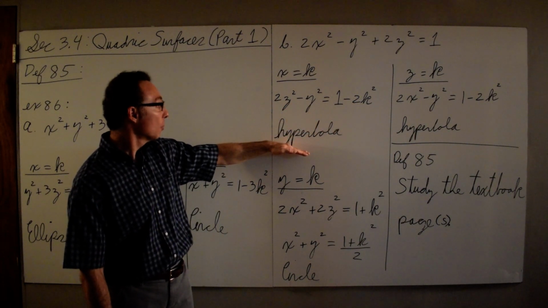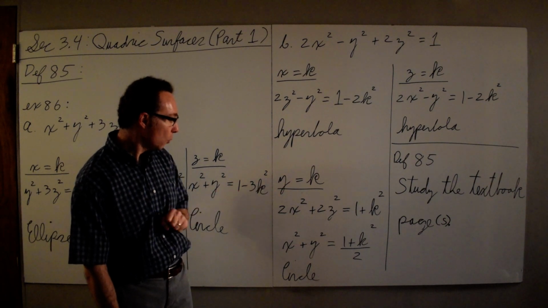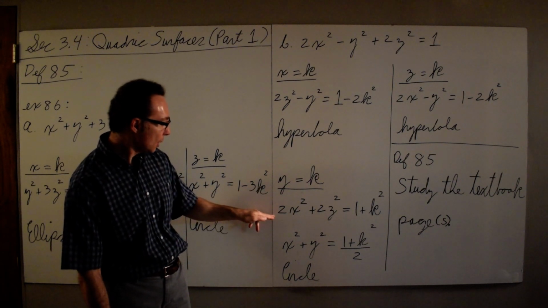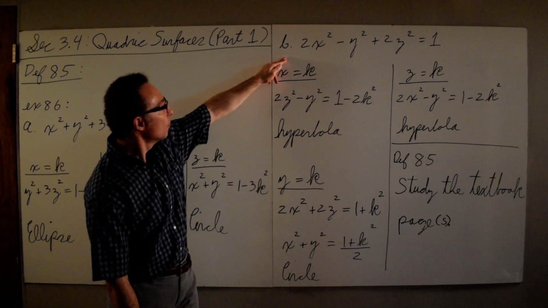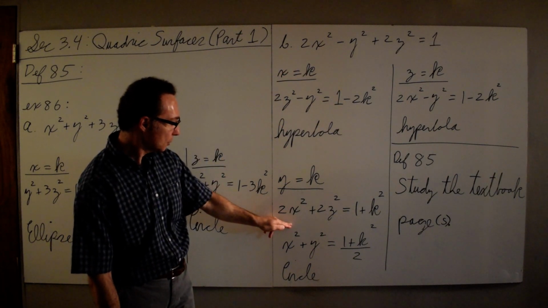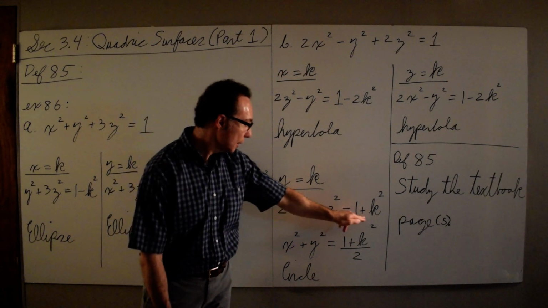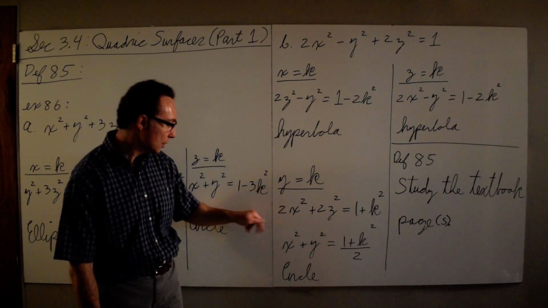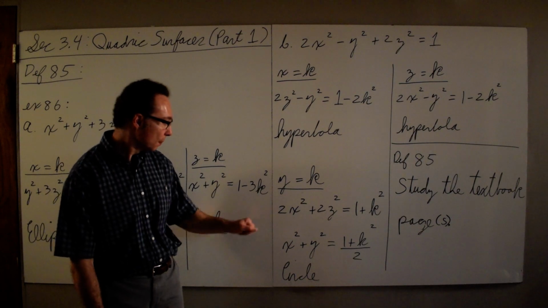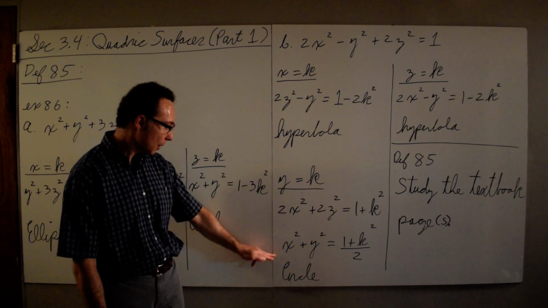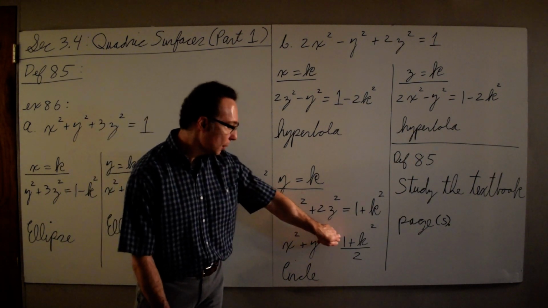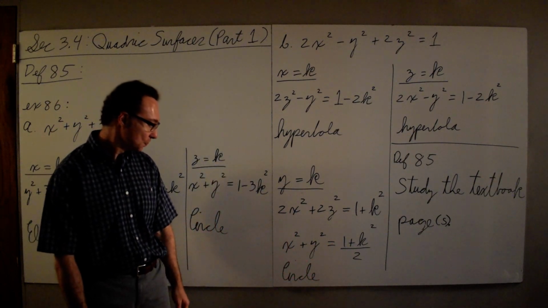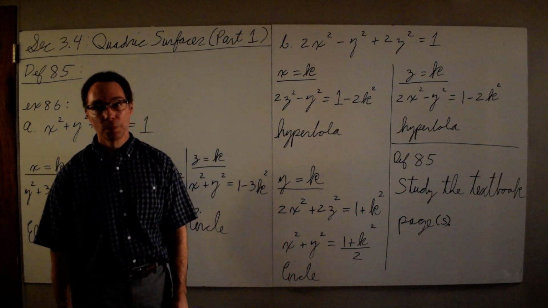When y is equal to k, we have 2x squared plus 2z squared is 1 plus k squared. This coefficient and this coefficient are the same, so we have a circle. If we divide both sides by 2, x squared plus z squared is equal to something squared. So we have a circle.